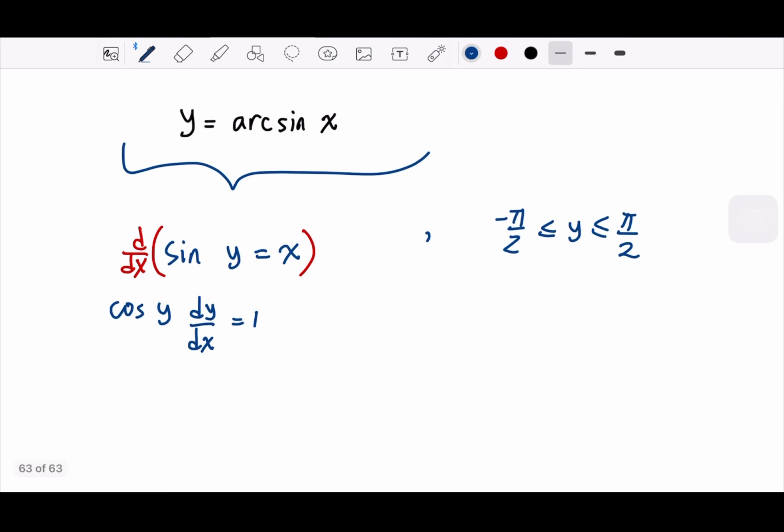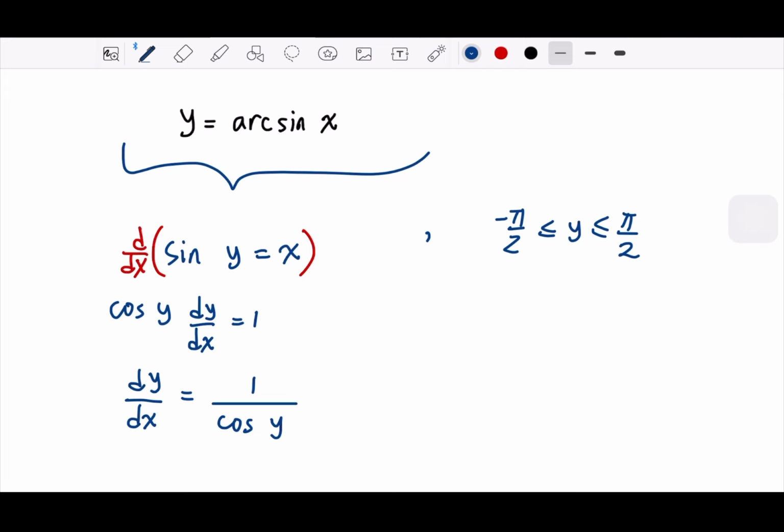So we could write dy over dx is 1 over cosine y. But it's not finished yet. We still have y.